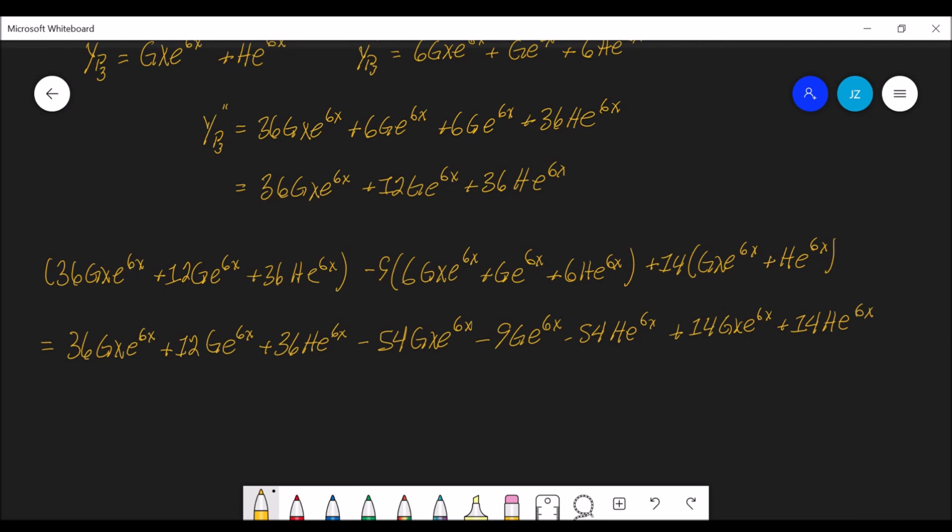So all I did was distribute. We're now going to combine like terms again. So we want to group all of our xe to the 6x terms and then all of our e to the 6x terms. So for xe to the 6x, we're going to have 36g minus 54g plus 14g.